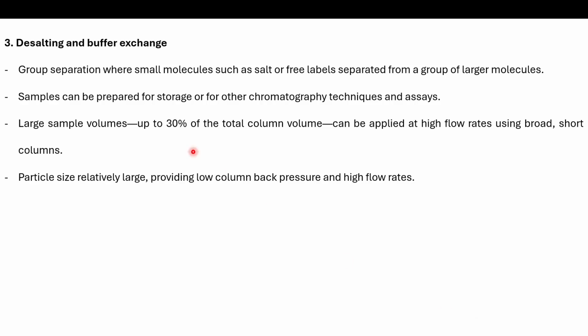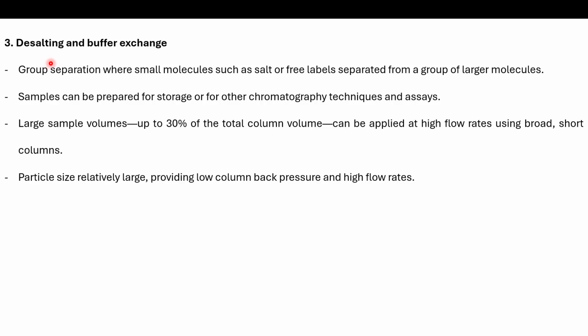Okay. Then there's something called desalting and buffer exchange. Whenever we make buffers, they should have an appropriate composition of salts as well. Not only maintaining the pH is important, but along with it we have to maintain the salt concentration.